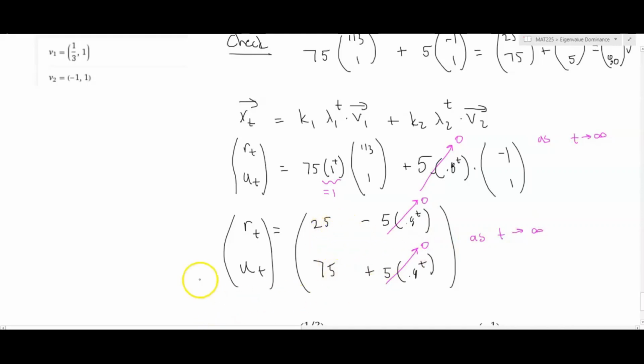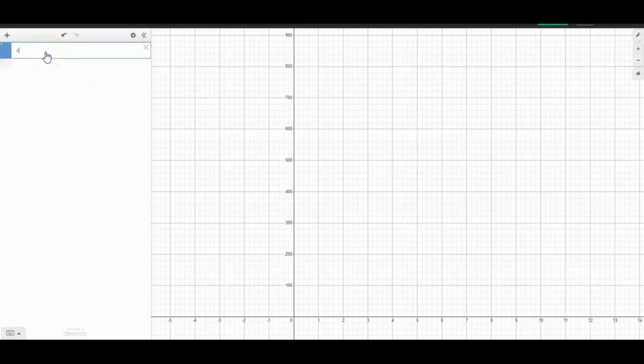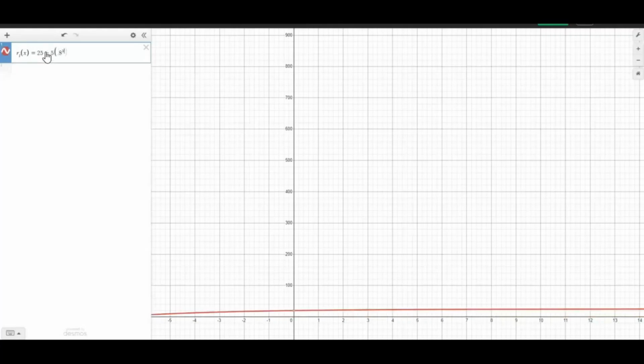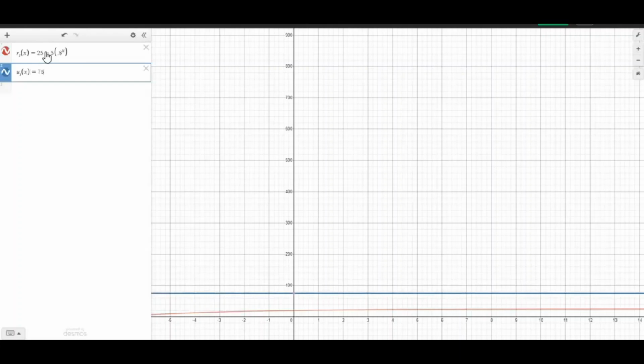So let's go ahead and actually model this in Desmos to see what this looks like. I'm going to say this is r sub t at time x, we have to use x here unfortunately, equals 25 minus 5 times 0.8 to the x power, and u sub t of x is equal to 75 plus 5 times 0.8 to the x power.